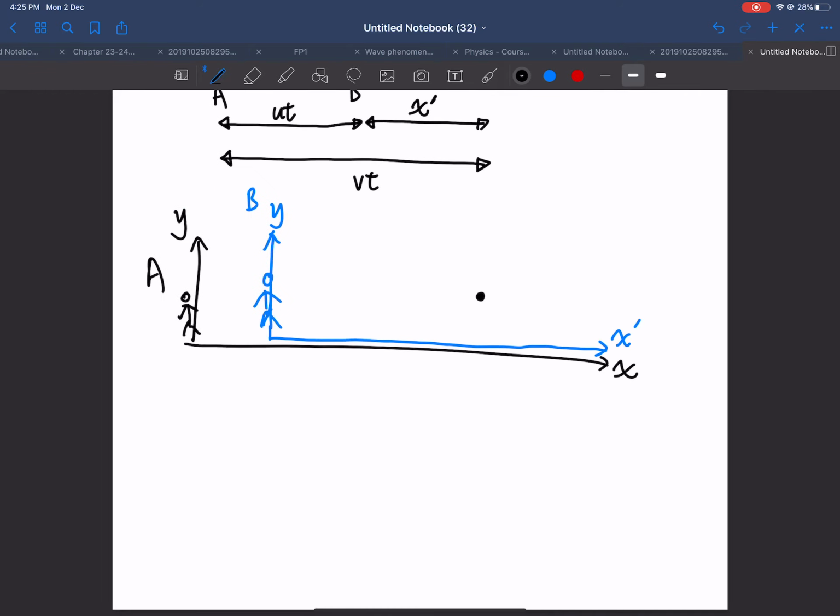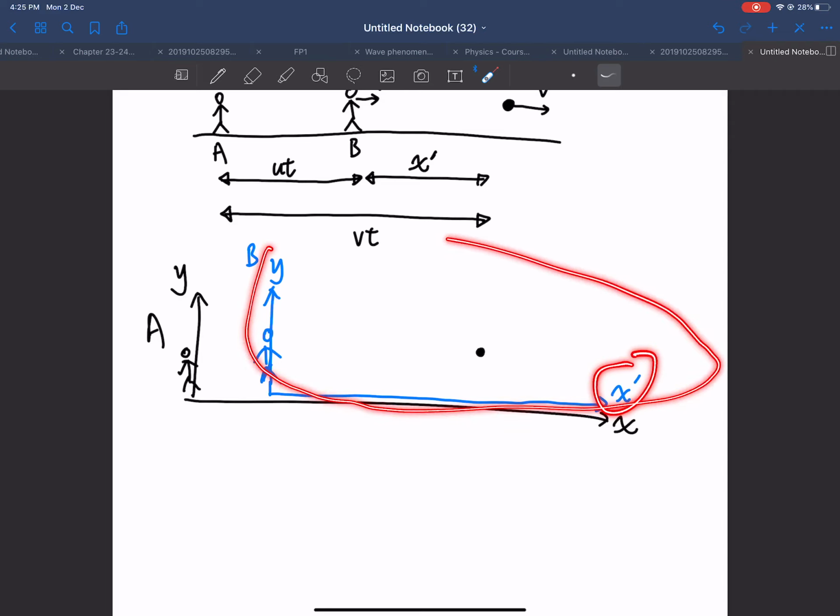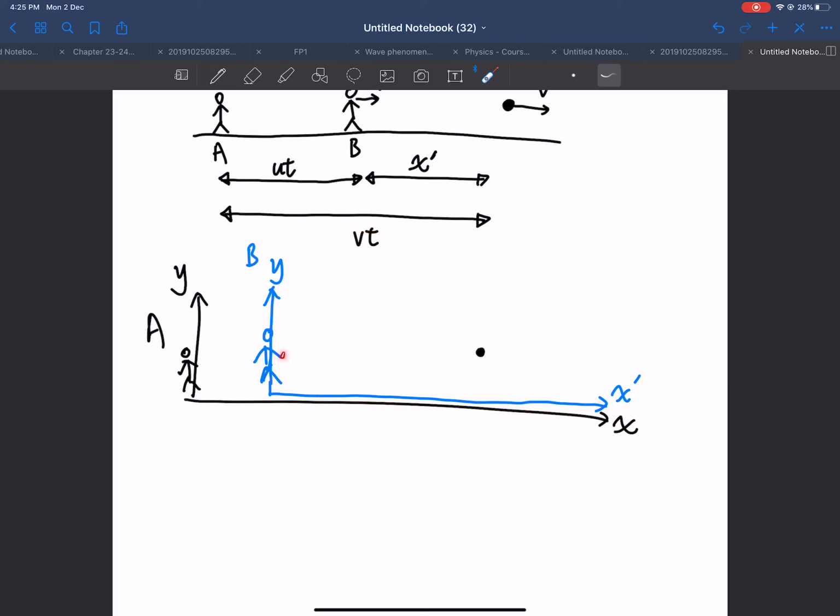What does x prime mean? x prime is measured from the blue coordinate system. So the length from here to here is x prime.